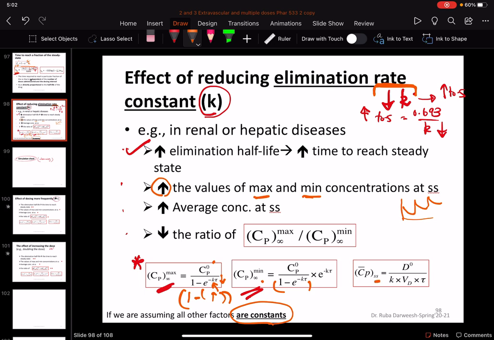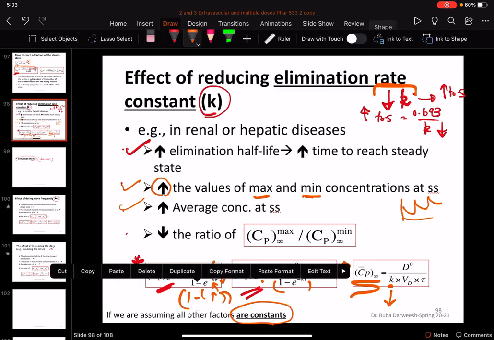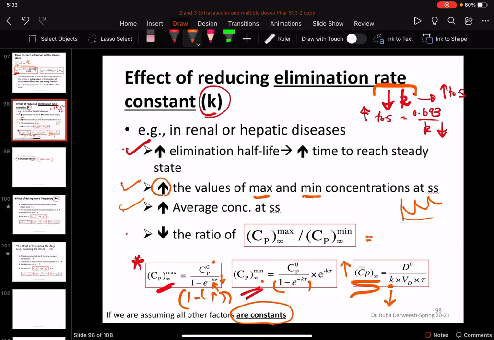If we are talking about the average steady state concentration, this would be decreasing, so the average steady state concentration would be increasing. If we are talking about the ratio of both of them, C max over C min, we will have this over this, which means I will have e to the K tau.